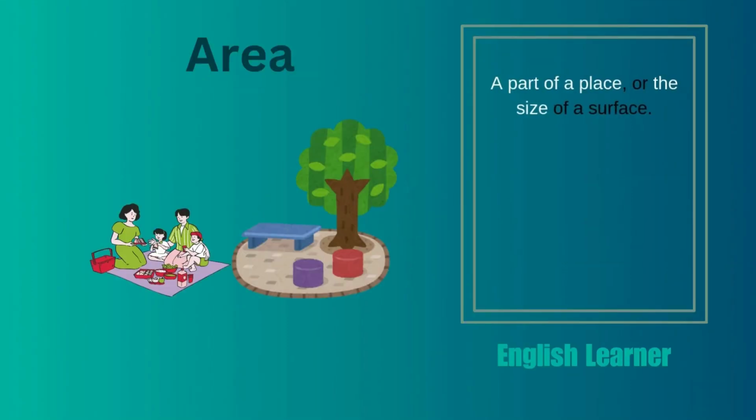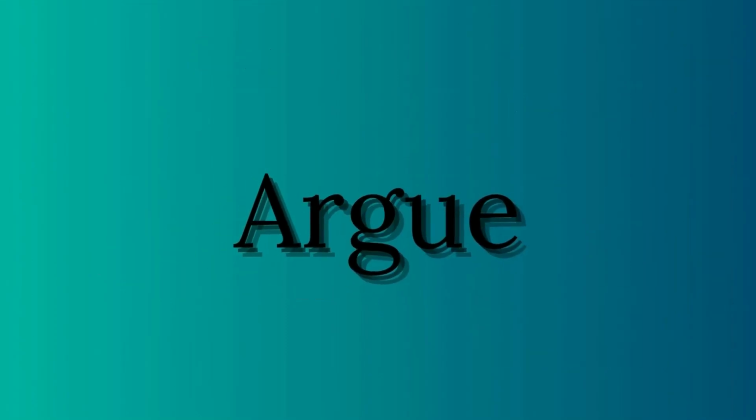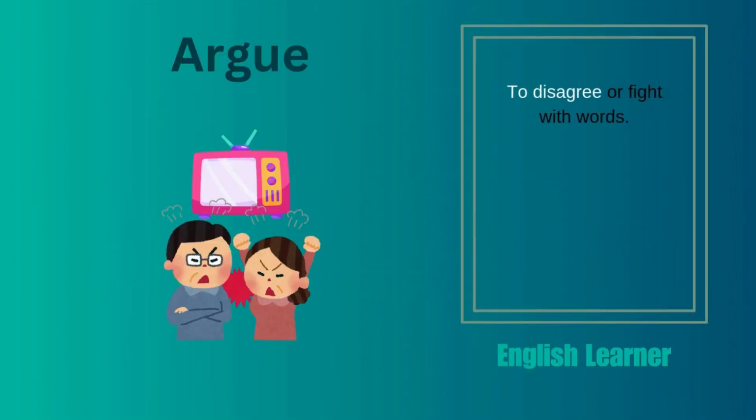Area. A part of a place, or the size of a surface. Example. This area of the park is perfect for picnics. Argue. To disagree or fight with words. Example. They always argue about what to watch on TV.